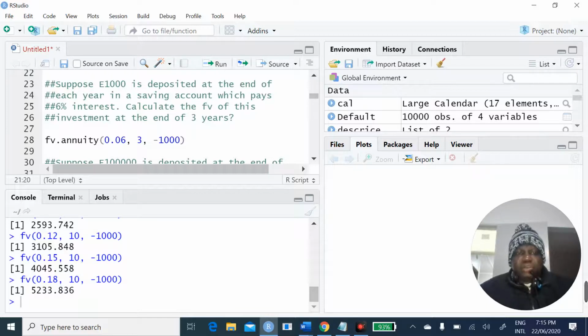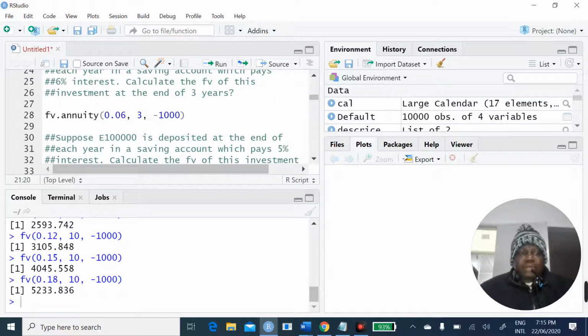This is a case of annuity because the sum is deposited at the end of each year. To calculate it is very straightforward. We just add .annuity to the FV. The procedure remains the same as we've been doing before.